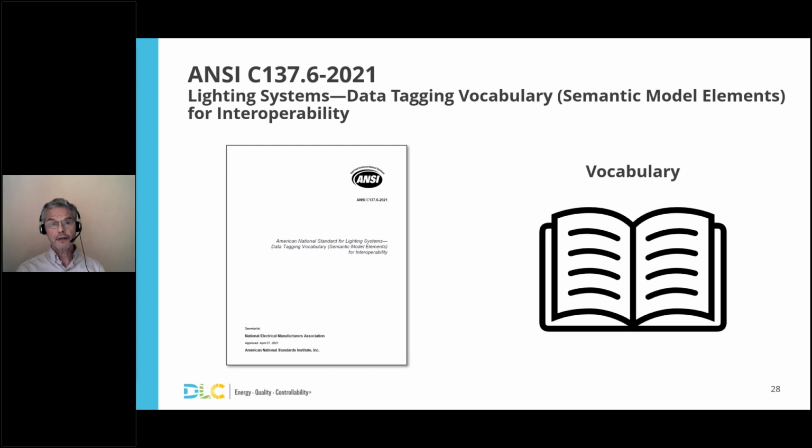ANSI C136 contains a controlled vocabulary of terms for lighting control systems. These terms enable the development of semantic model elements, such as data tags that facilitate the exchange of data and metadata used in control and analytics. The terms contained in this standard are intended to be used by available semantic models, such as but not limited to the future ASHRAE 223P standard, Project Haystack, and BRICK.